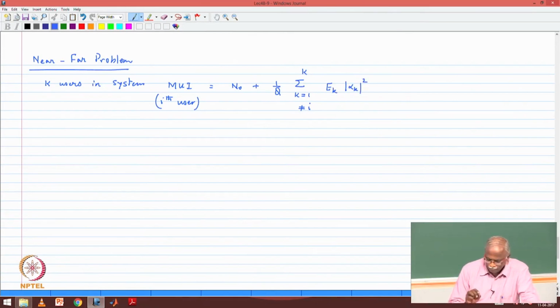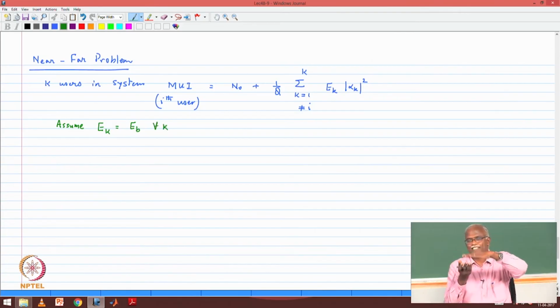We will make one assumption just to get insight from this. We will assume that the Eb with which we want to transmit each of the signals is the same. Ek is equal to Eb for all values of k. That is, each of the signal constellations are normalized, and all of them are transmitting the same value.